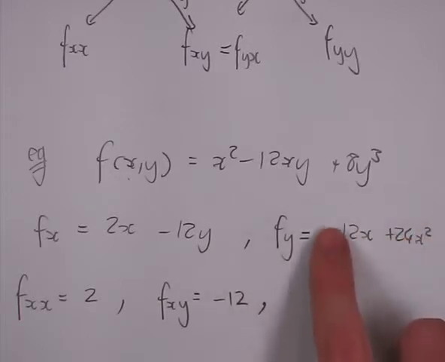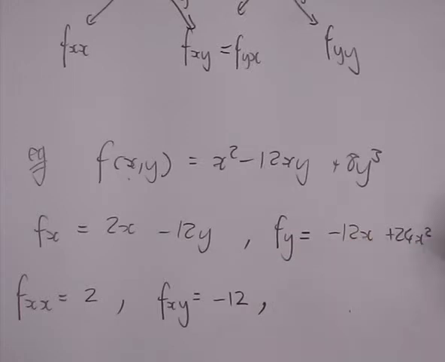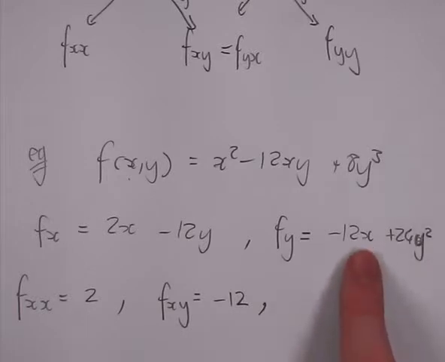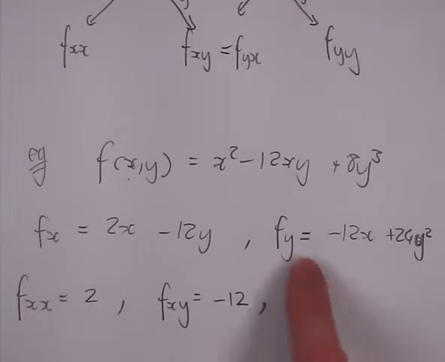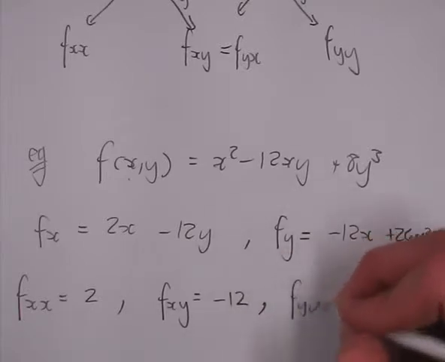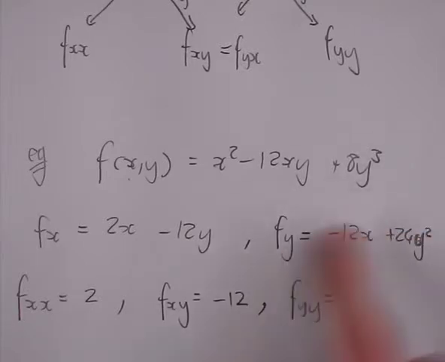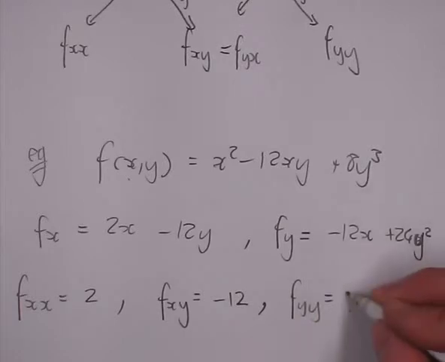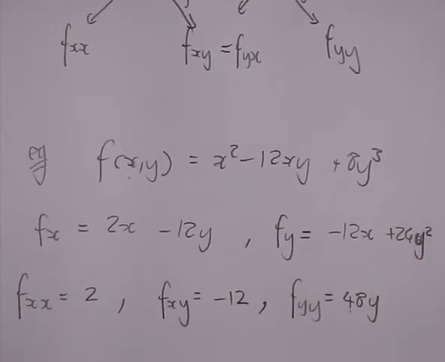I could just as easily have gone yx: if I differentiate this with respect to x, I get minus 12, so I get the same answer for both. Okay, so fyy, that doesn't involve any y, so it'll disappear, and this would be 48y. So there we have all of our first and second derivatives.